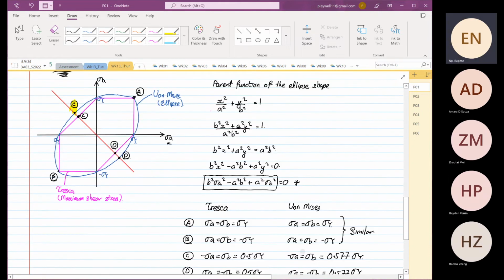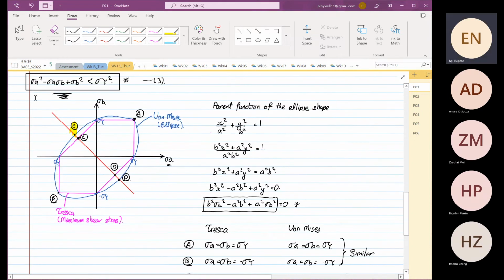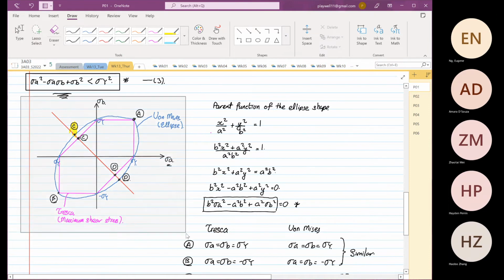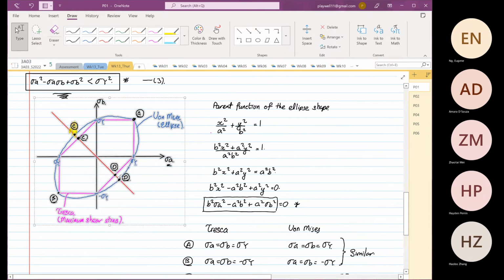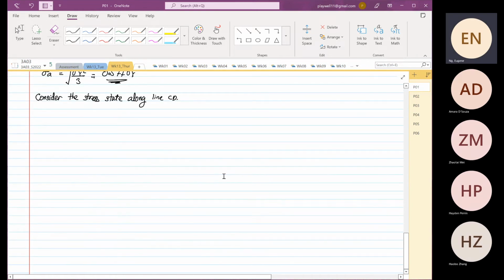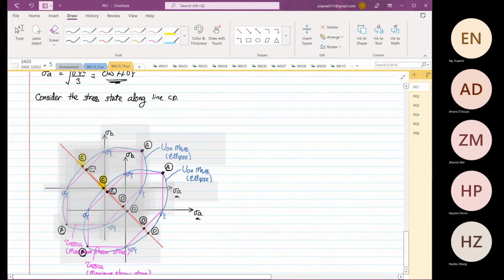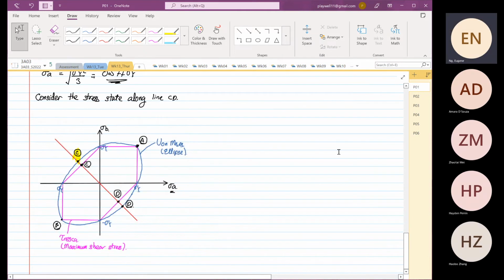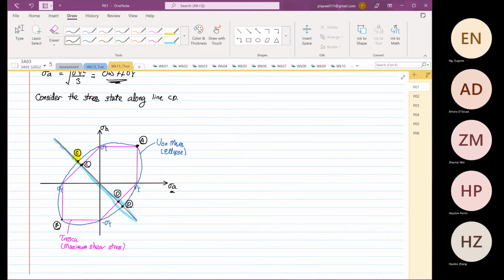Let me copy this whole thing. What we're going to do now is focus on the stress state along line CD, which I'm highlighting in blue now.